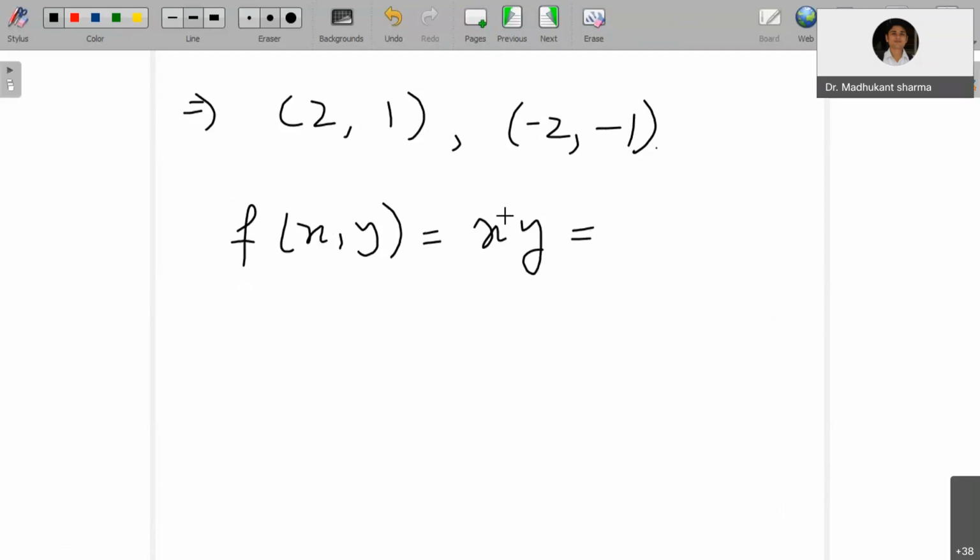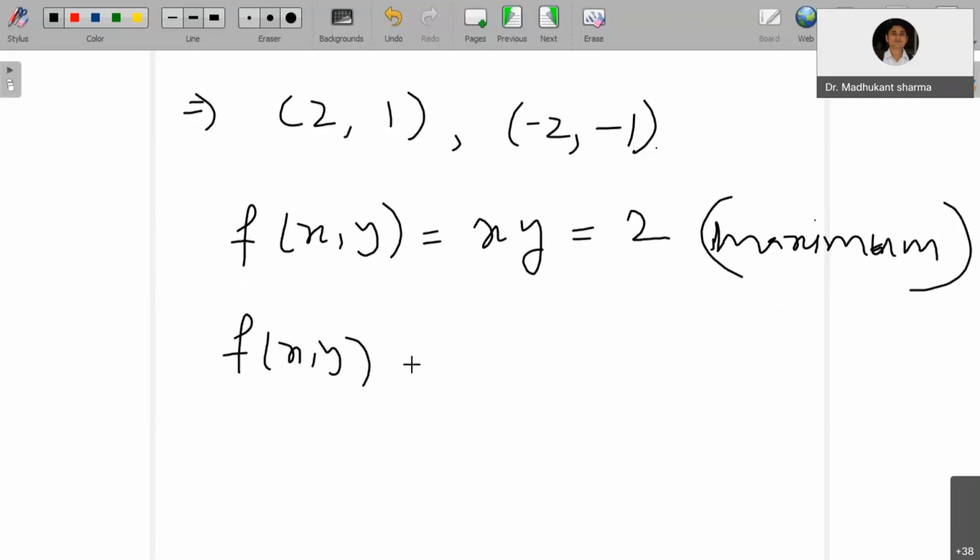So the maximum value will be 2 into 1, that is 2, and that's a maximum. So it's only giving you maximum, right?